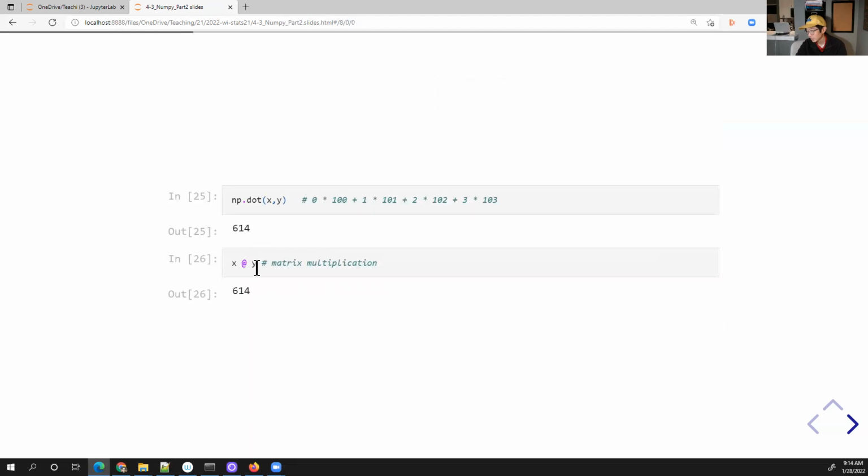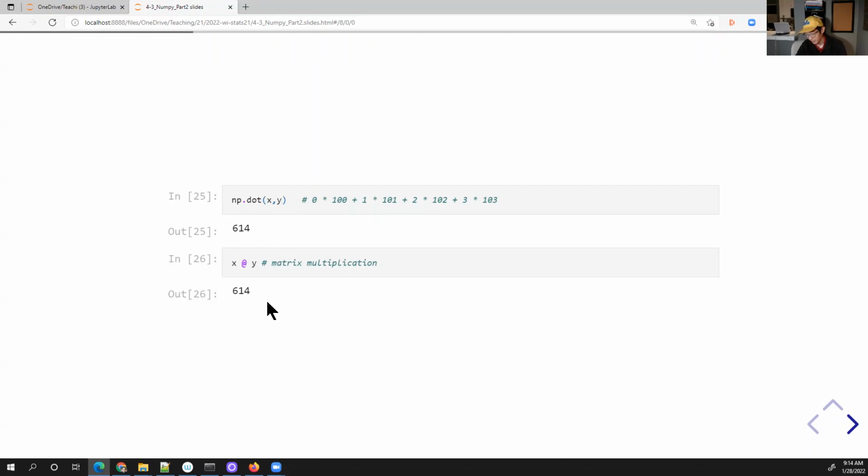You can also do matrix multiplication. The at operator is matrix multiplication, and here we've got one-dimensional arrays. So how can you do matrix multiplication with one-dimensional arrays, or these vectors? Pretty much it's just doing the dot product.